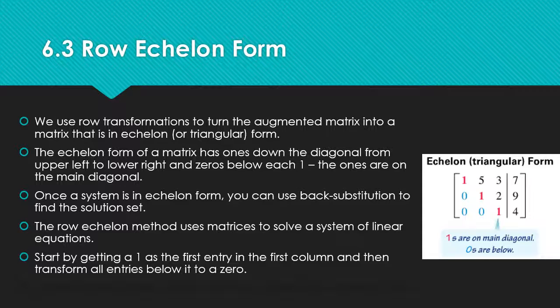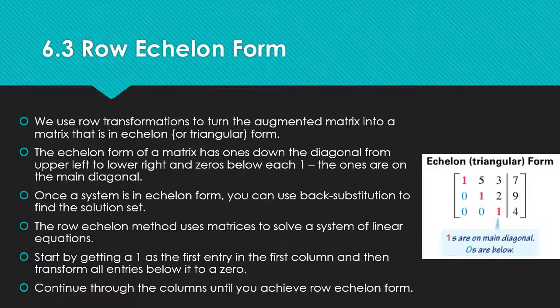And then we're going to use our row operations to get the zeros below that. And we continue doing this until we achieve row echelon. So once we have the first column as 1, 0, 0, then we go to column 2 and make the second row, second column a 1, and then below that has to be a 0, and then you keep going across the matrix. You don't mess with the numbers on the other side of the vertical line.